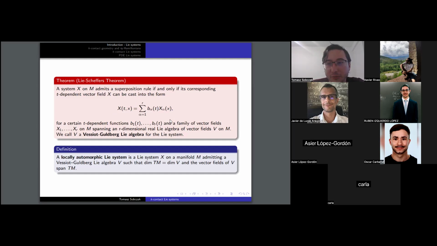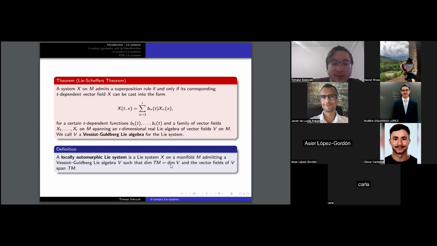And I will introduce some useful terminology: what does it mean to have a locally automorphic Lie system? It means that we have a Lie system on a manifold M with a Vessiot-Guldberg Lie algebra whose dimension coincides with that of the manifold, meaning we can span the tangent space of our manifold using this Vessiot-Guldberg Lie algebra.